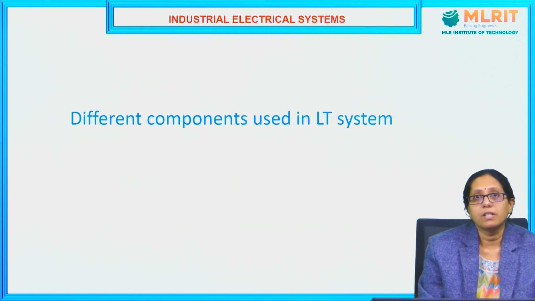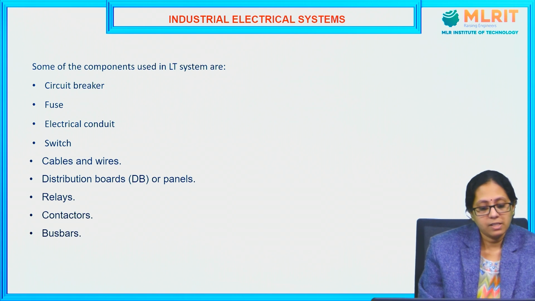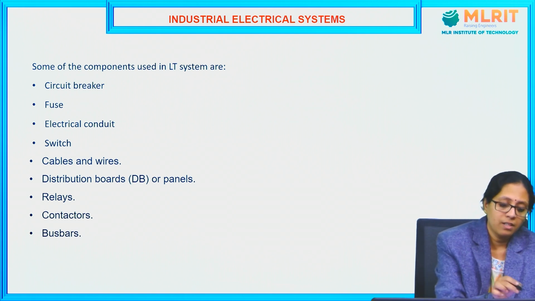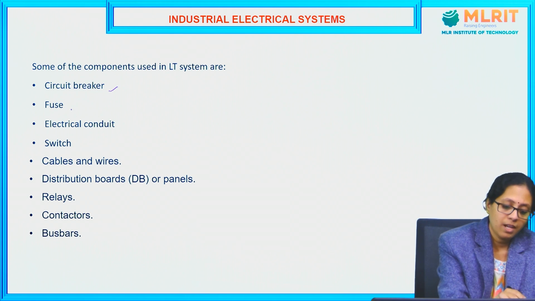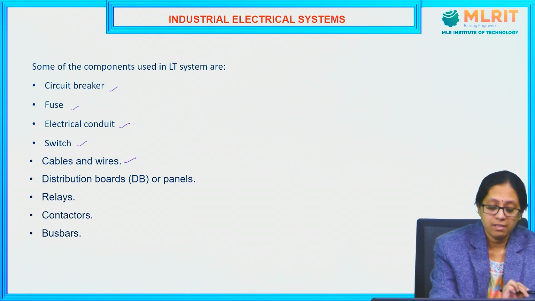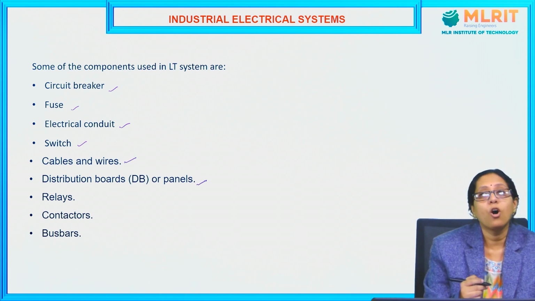Different components which are used in LT wiring system. Some of the components are listed below, such as circuit breakers, fuse, electrical conduit, switches, cables and wires, distribution box, distribution board or distribution panel.